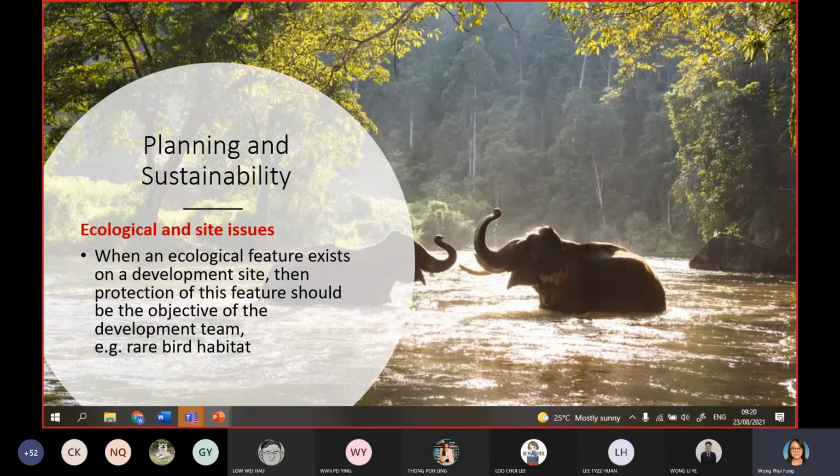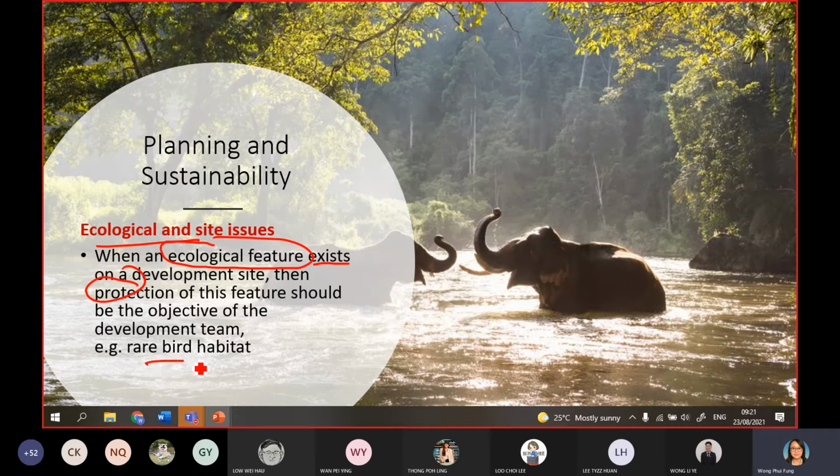And moving forward to ecological and site issue, which means that when the developer kickstarts a new project, if they find out an ecological feature appears on a development site, then they have to think about it. Whether to protect, whether to destroy the feature.